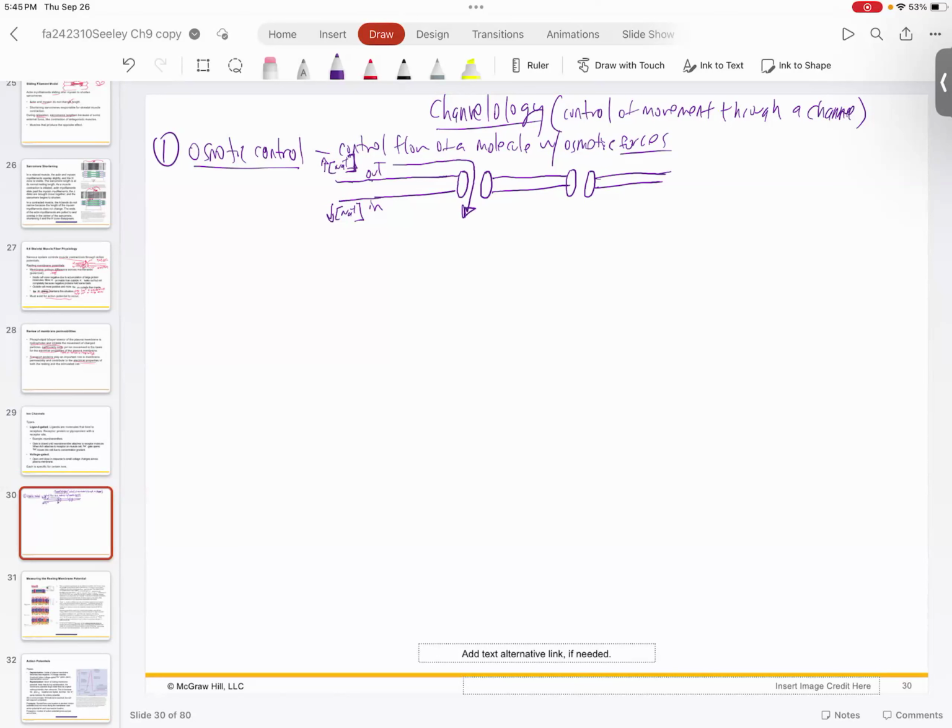By the way, osmotically, what's going to happen? Which direction is water going to flow? How do you define osmosis? It is indeed the diffusion of water across the membrane.